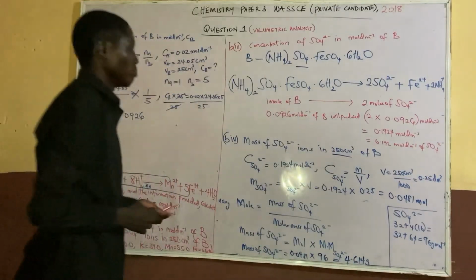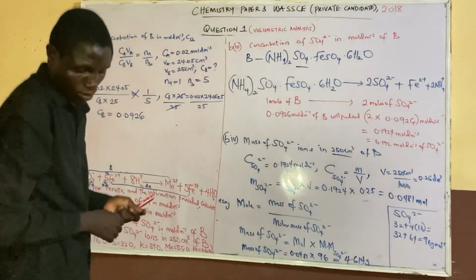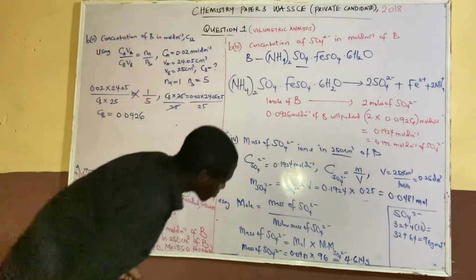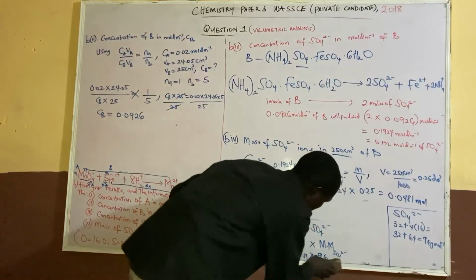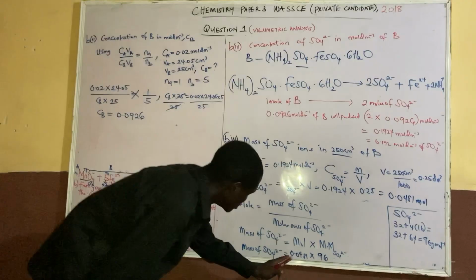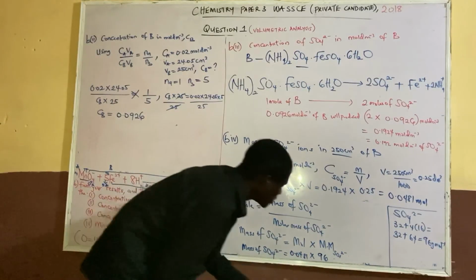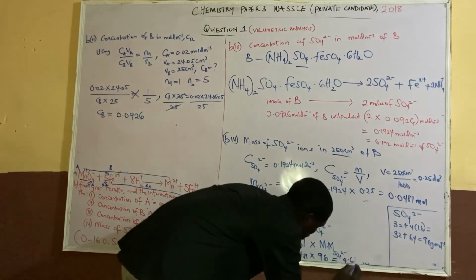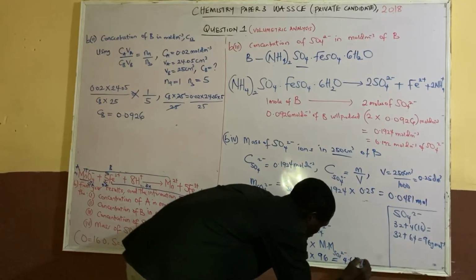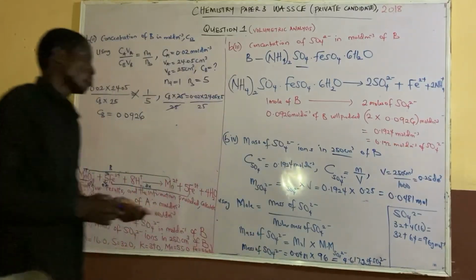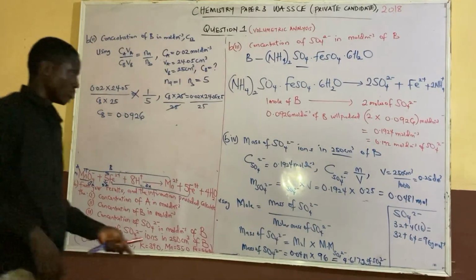So the mass of SO4 2 minus is equal to 0.0481 times 96, which is equal to 4.617 gram of SO4 2 minus. That's the mass of SO4 2 minus.